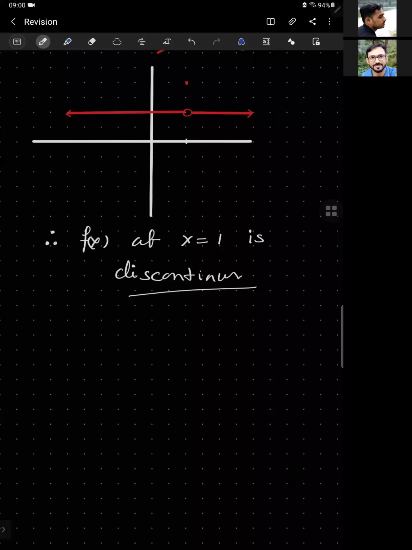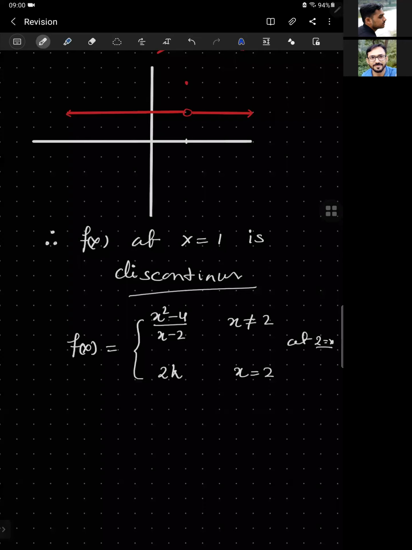A question comes, f(x) equals x square minus 4 upon x minus 2, x is not equal to 2, and 2k when x equals to 2.